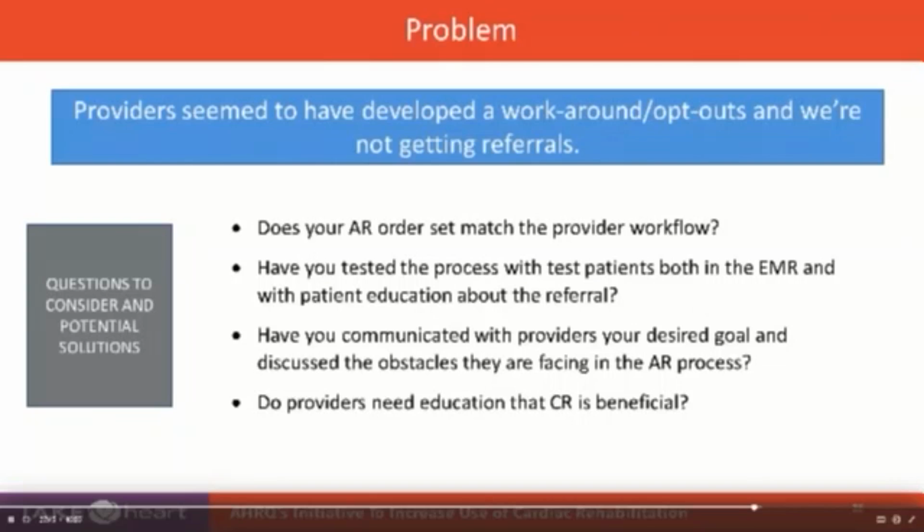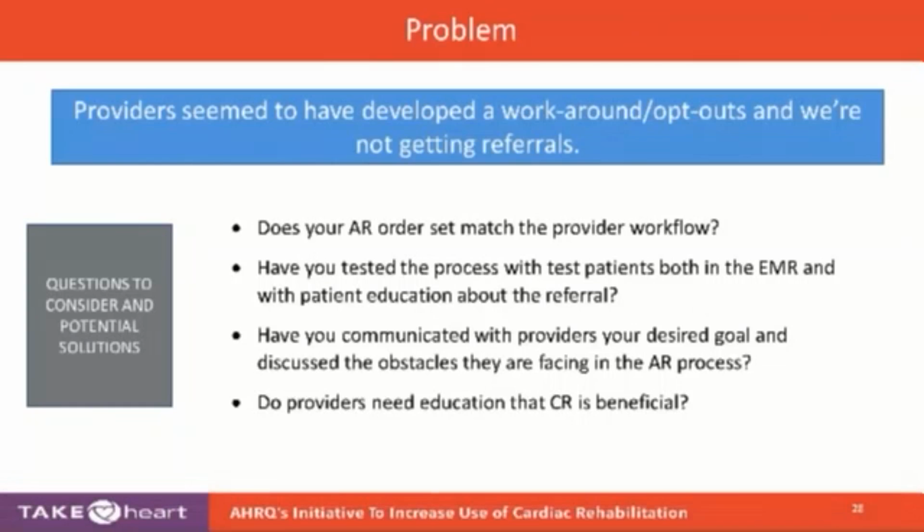Yeah, so that's an excellent question. What we did, because I was very involved in actually creating the order myself, and I serve as the assistant director of cardiac rehab, is that one of the things I wanted to ensure, and I agree with this comment, is that the admitting diagnosis is oftentimes quite different than the discharge diagnosis, and doesn't necessarily mean that person will qualify for cardiac rehab.